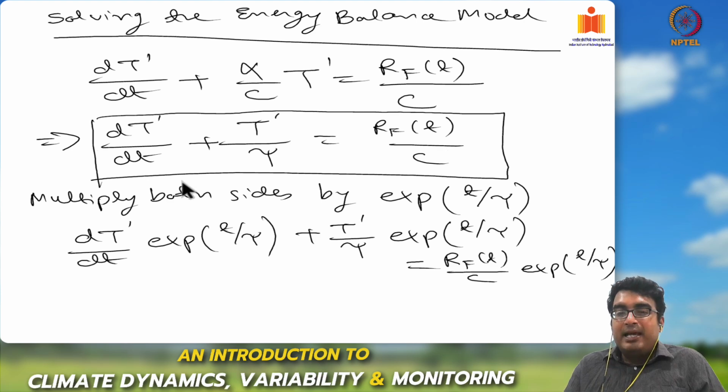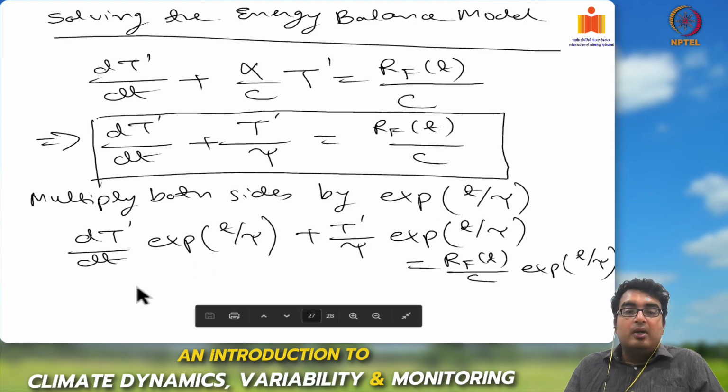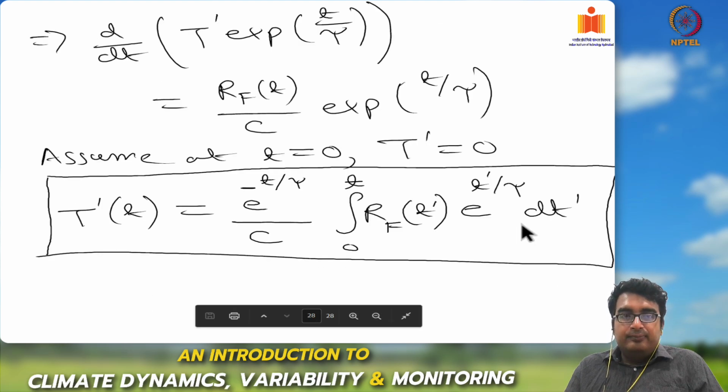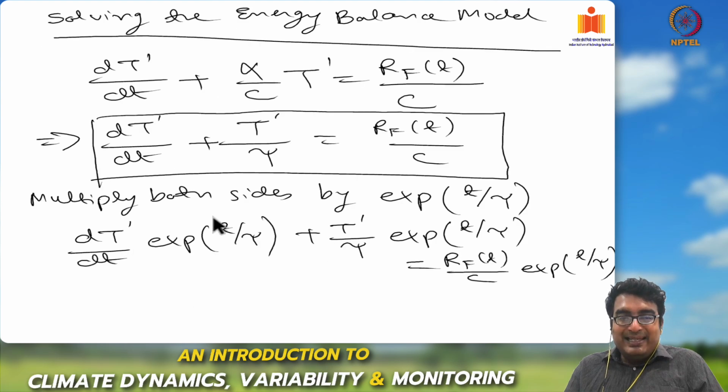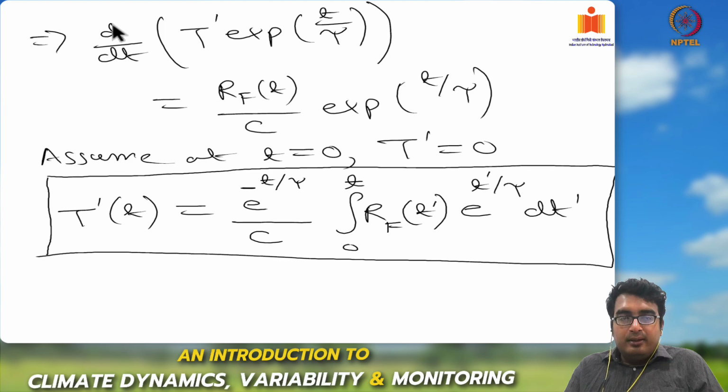Now we will multiply both sides by the integrating factor, which is exponential of t by tau. t is the time, tau is the relaxation time or the feedback response time. Now if you multiply both sides as we have done here, then this expression can be directly written as d/dt of the temperature T' into exponential t by tau.